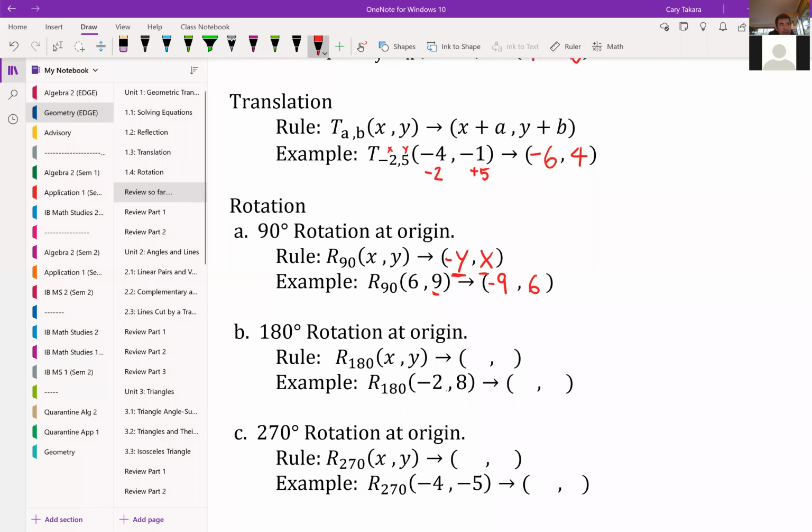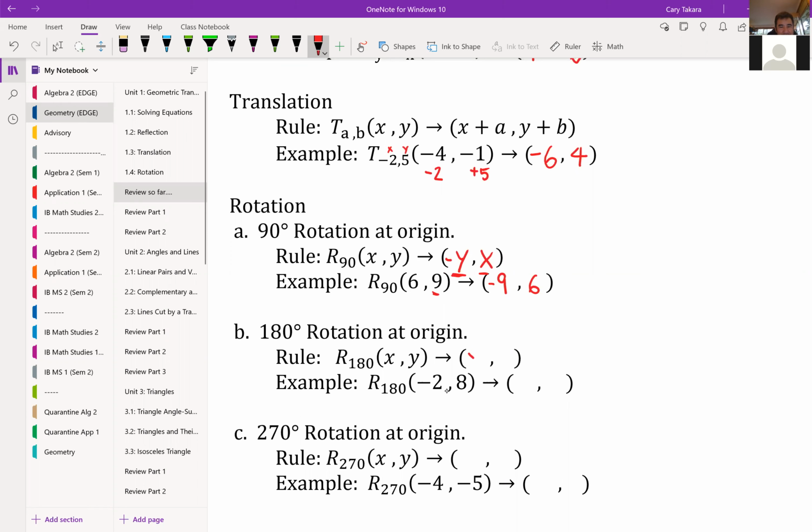Okay, next one, 180-degree rotation. This one is probably the easiest one, right? If you have an x and y, what will it become, what's the rule?